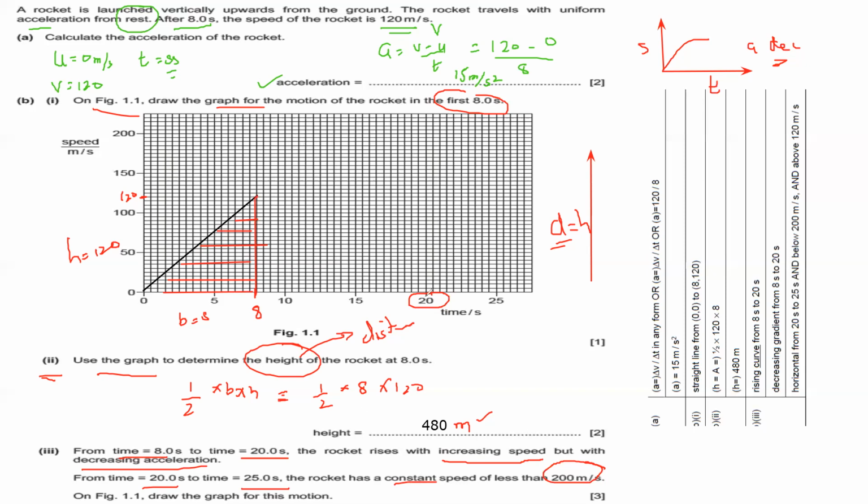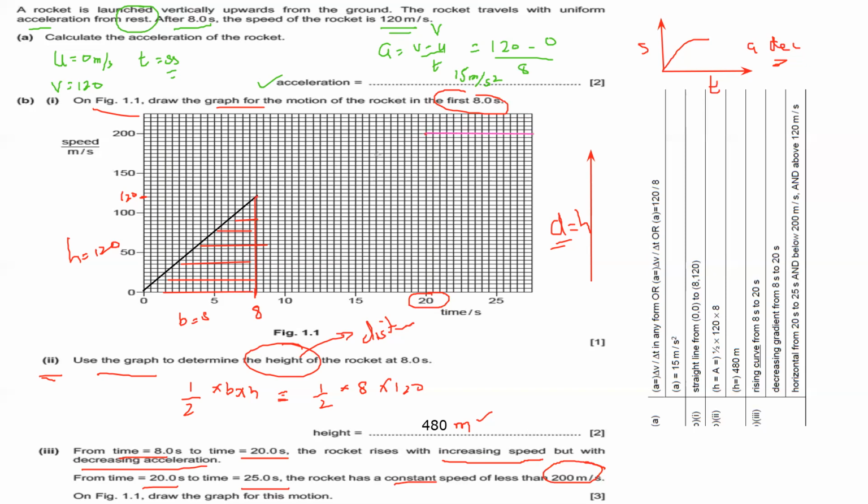So at 20 second, it should have a speed of 200 meter per second. And then it will continue to move with a constant speed, so it will be a straight line.